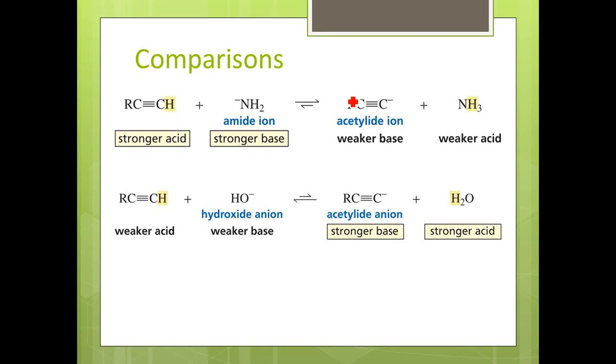And what I mean by advantage, turns out sodium amide, or just the amide ion, is actually a strong enough base that it will deprotonate that, and we make what we call an acetylide ion.